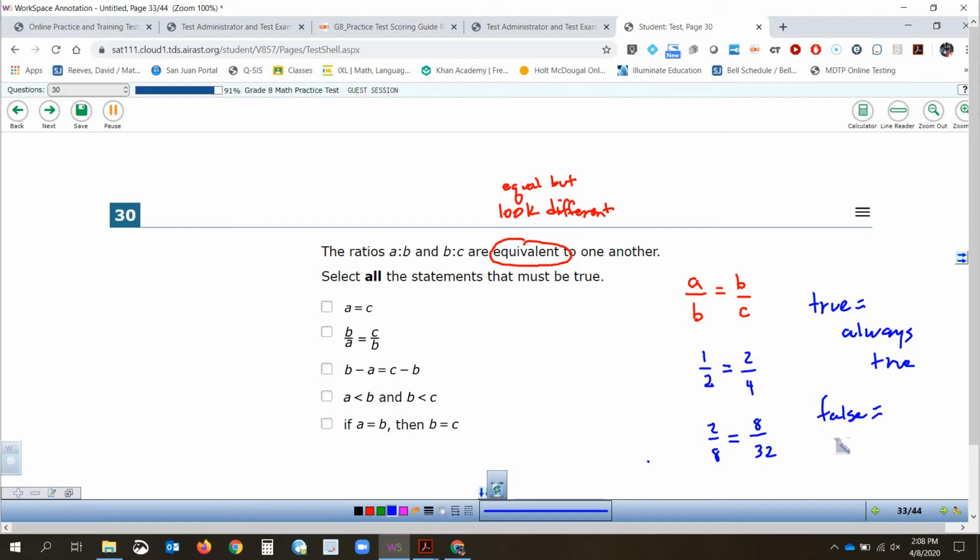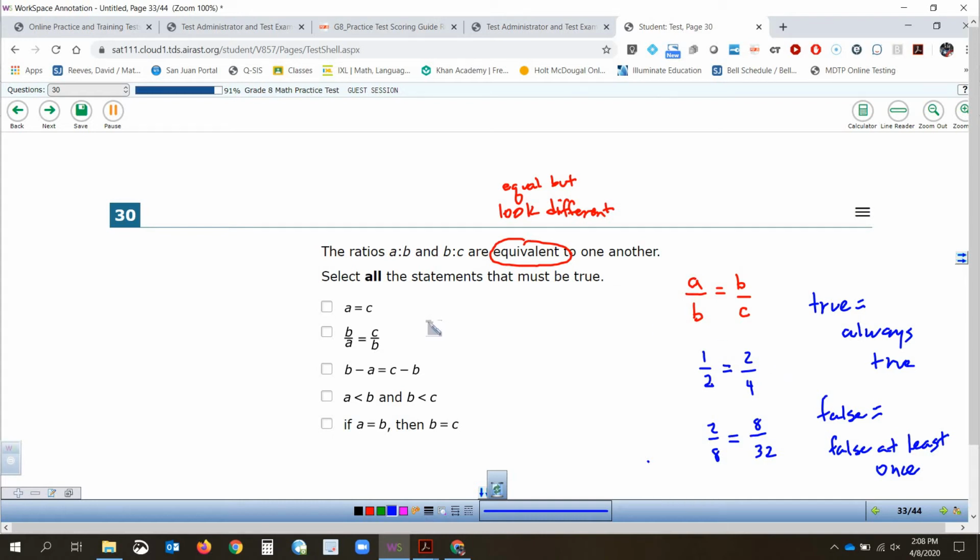It has to be false at least once. So if we can show that it's false for our numerical examples, then we know the answer can be false. If we show it's true for our numerical examples, that may or may not always be true. But let's see if we can work this out.